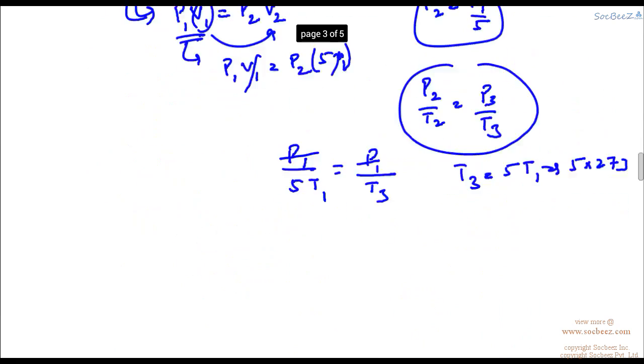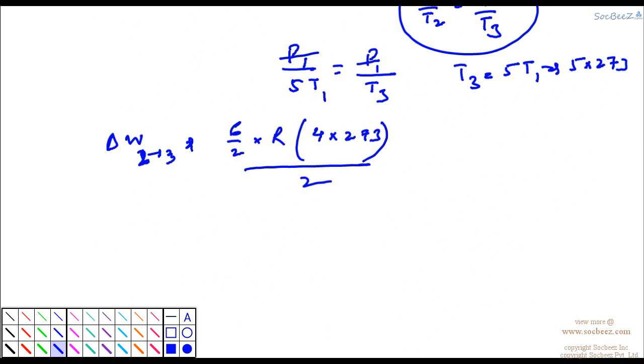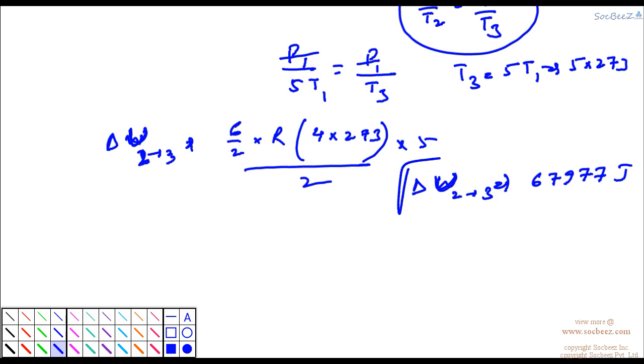So this was 3 times the work done for 1 to 2, so for 2 to 3 was 6 by 2 into R into delta T, that is 4 times 273 upon 2 into 5, which gives us the value for delta U, my mistake. So this was delta U from 2 to 3 is given to be 67977 joules. If you calculate this, you will get this.